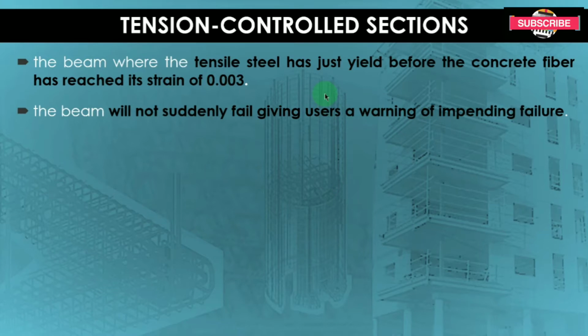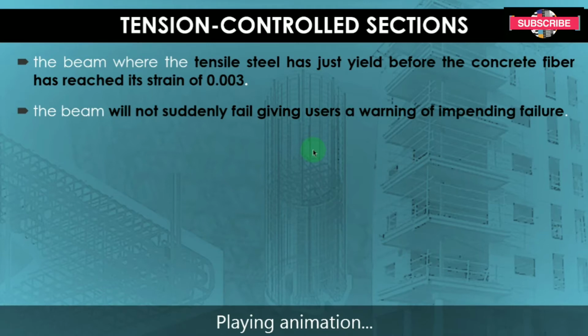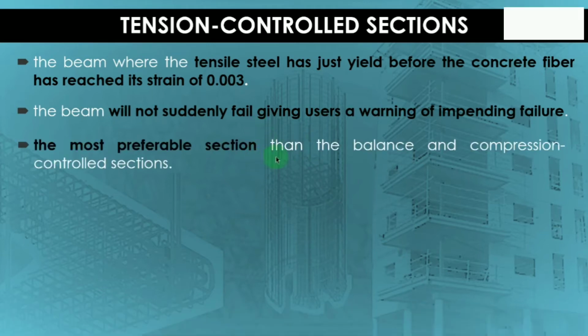Cracks from the bottom, and it will slowly reach into the neutral axis or into the top fiber bago siya ma-totally fail. So it's a good design, no, kung under siya sa tension control section, and the most preferable section, no, than the balance and compression control section.